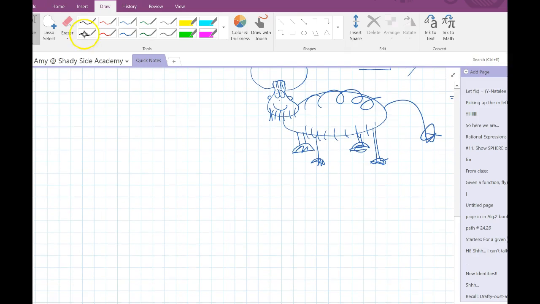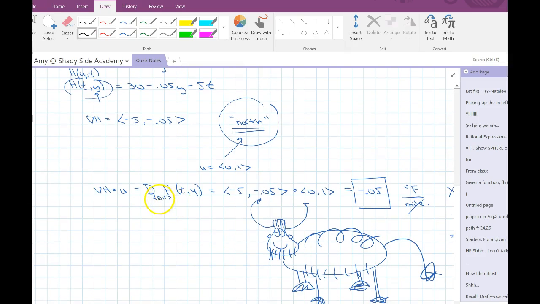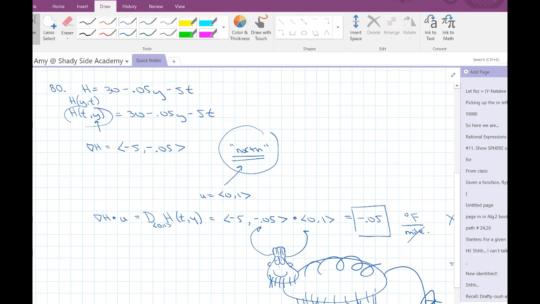What does 81 say? Let's look together. 81 says, at a certain point on a heated plate. Oh, I should also say this: when we found this directional derivative or the gradient in general, you'll notice that it didn't depend on the location of the moose or the time, which gives you the sense that there is a constant direction.